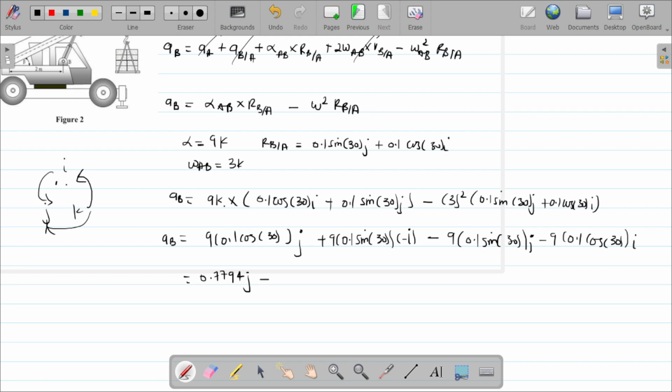So this gives us, oh, that will be minus, right? Minus 0.45 i. And then this one will be minus 0.7794 i minus 0.45 j.